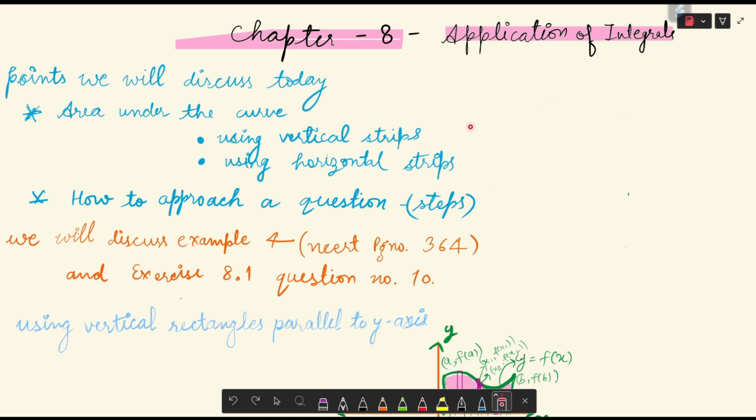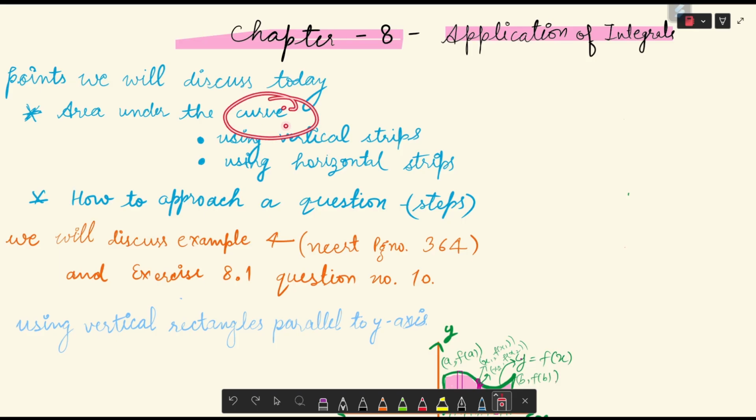For specific shapes, like polygons or circles, we know how to find the area. But for arbitrary shapes, we need an arbitrary method. So what we use is integration. Integration is used to find the area under the curves.